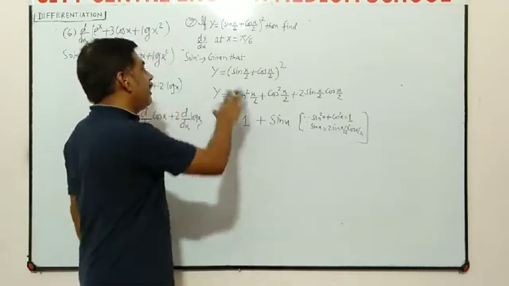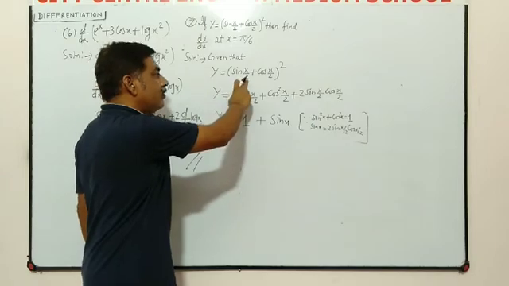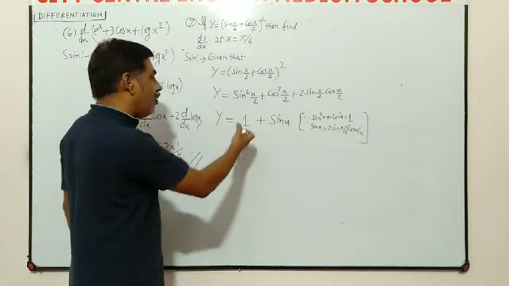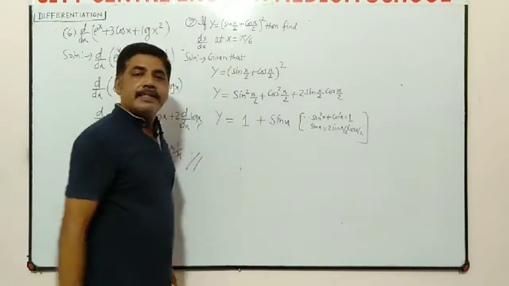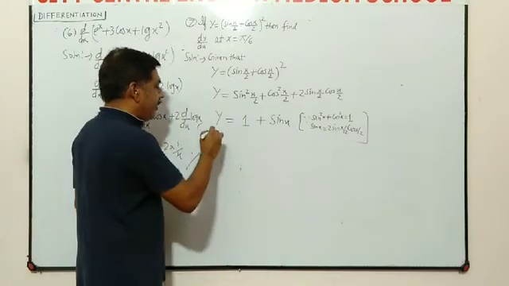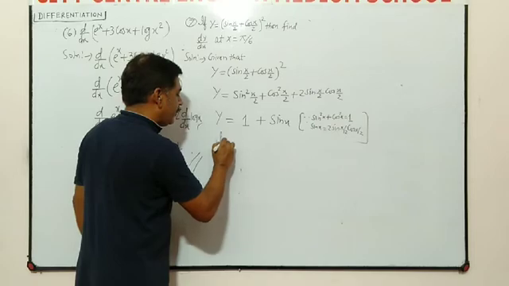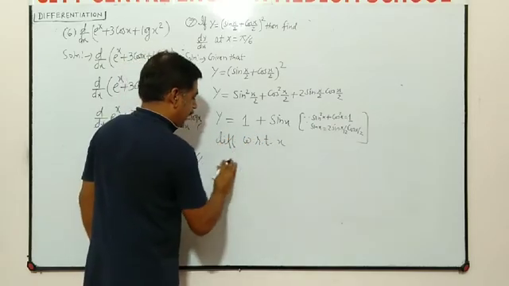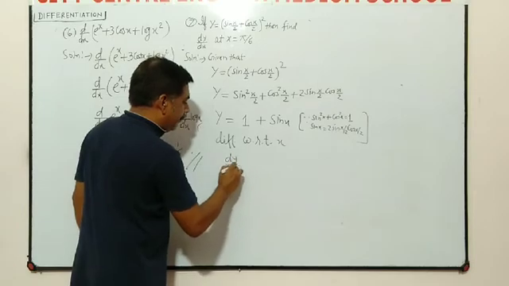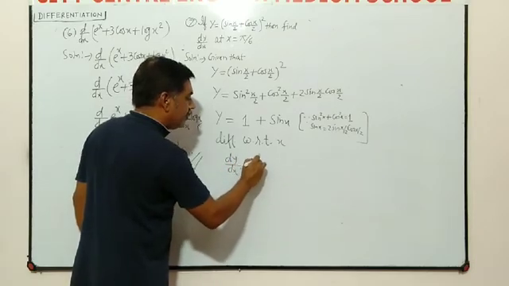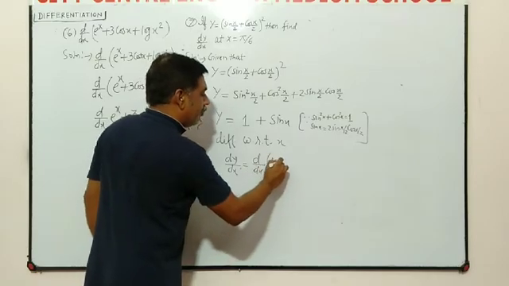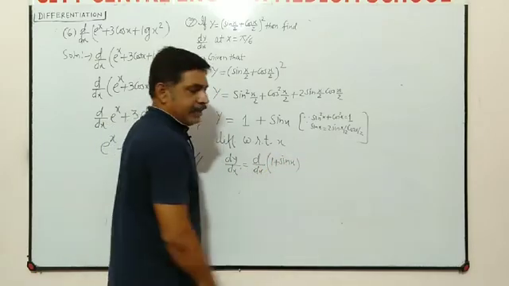That means we simplified y is equal to sin x by 2 plus cos x by 2 whole square in the form of 1 plus sin x. Now we can differentiate. Differentiation with respect to x, dy by dx is equal to d upon dx of 1 plus sin x.